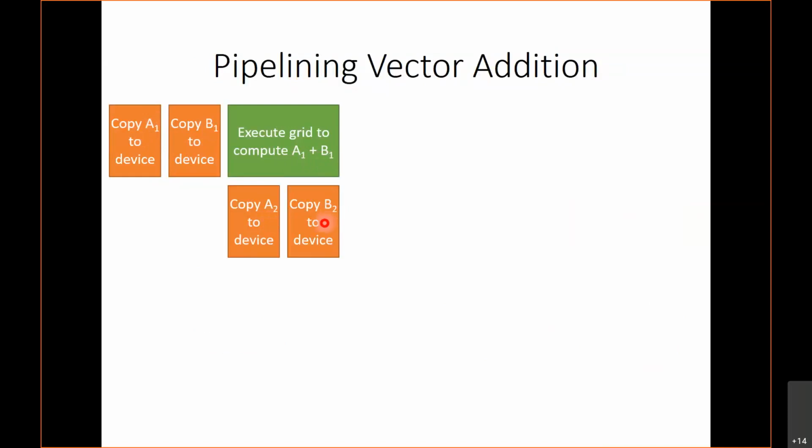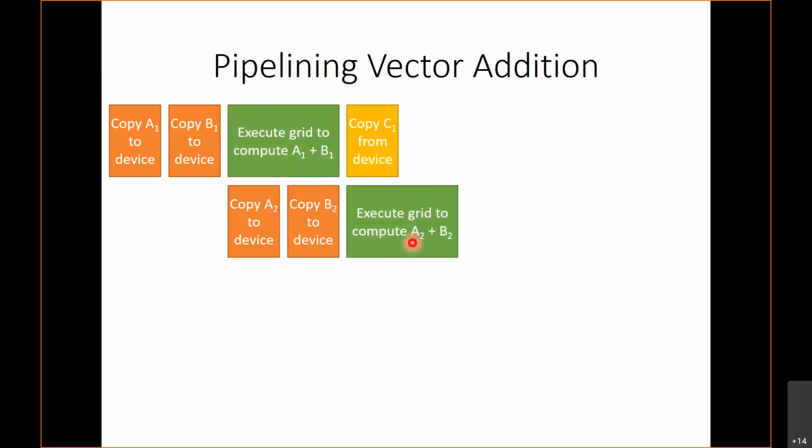And then when I'm done computing and I'm done copying, I can copy the result of A1 plus B1 from the device back to C1. And in the meantime, the copy of A2 and B2 is ready, so I can execute a grid to compute A2 plus B2. And I can also be copying the next segment, A3 and B3, from the host to the device.